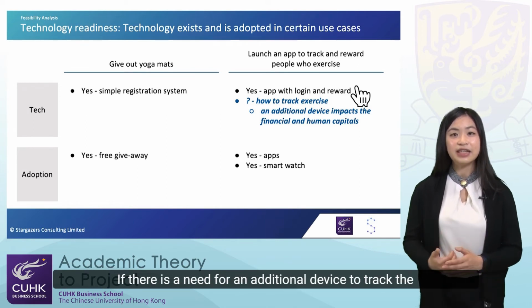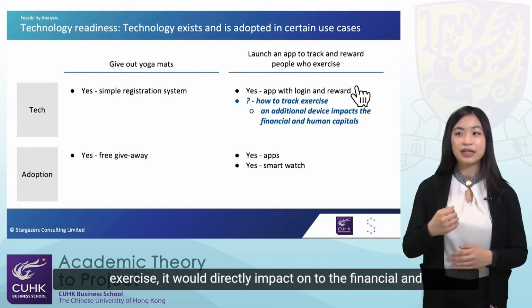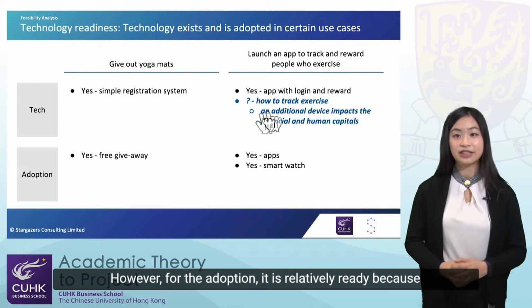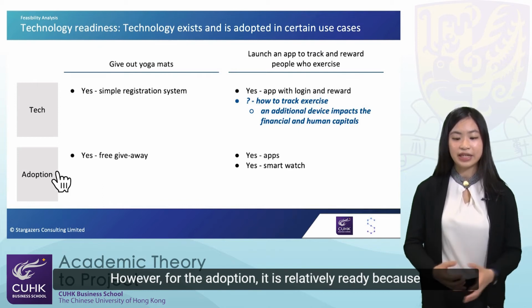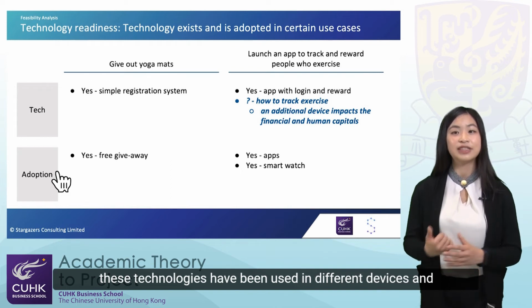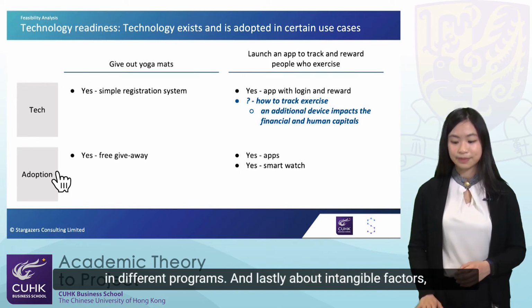If there is a need for an additional device to track the exercise, it would directly impact the financial and human capital required. However, for the adoption, it is relatively ready because these technologies have been used in different devices and in different programs.